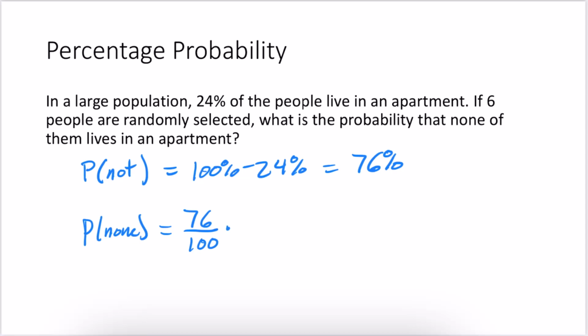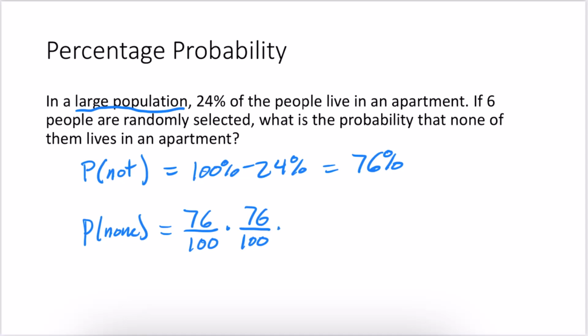Then I have to also have the second person not live in an apartment. And that's going to be 76 out of 100. Even though I didn't replace the first person back in, because it's a large population, the percentage is not going to change very much. Because even if you take one person out of a large population, the overall size of the population is still about the same.